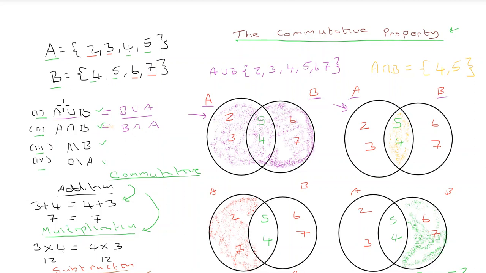So what we can say is that these two, this idea of union and intersect, this is union and this is intersect, it doesn't matter which way you state it, both are equal to each other. So these are commutative.